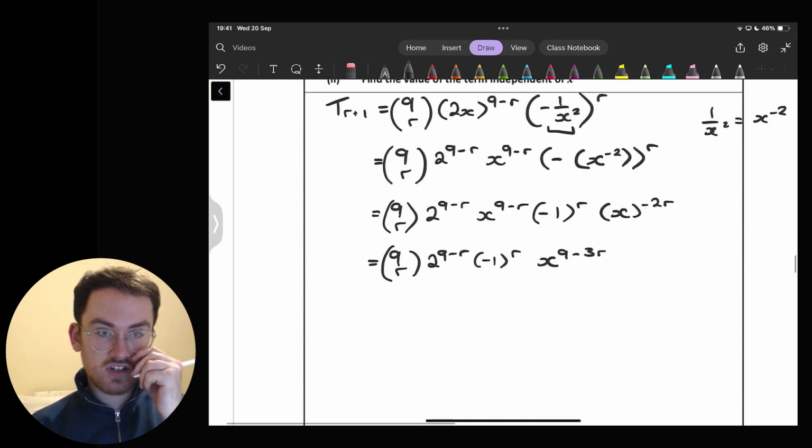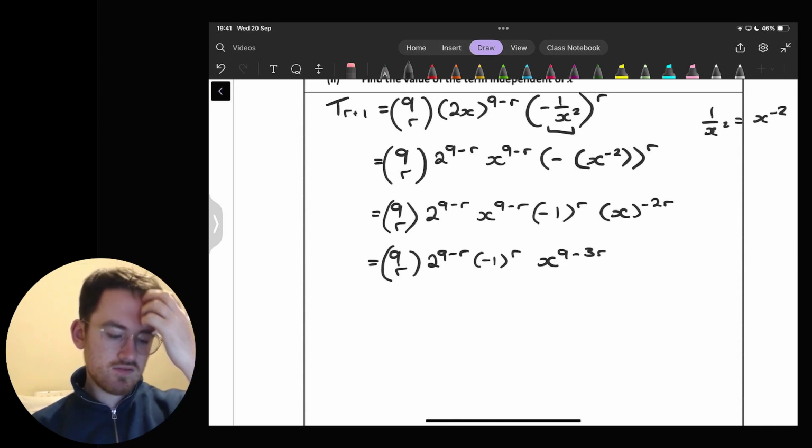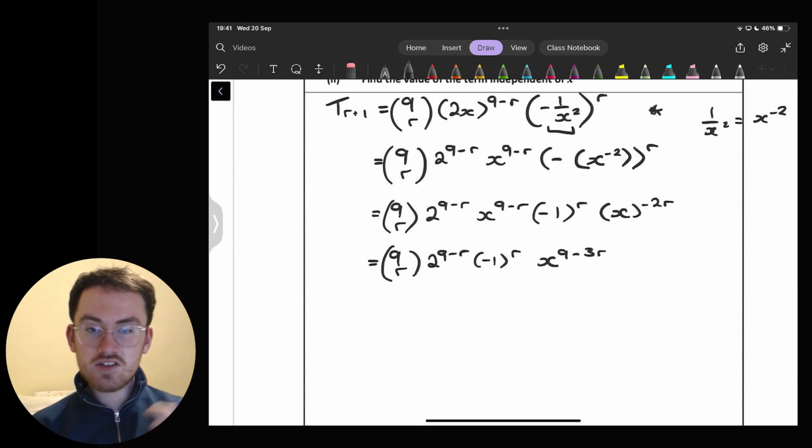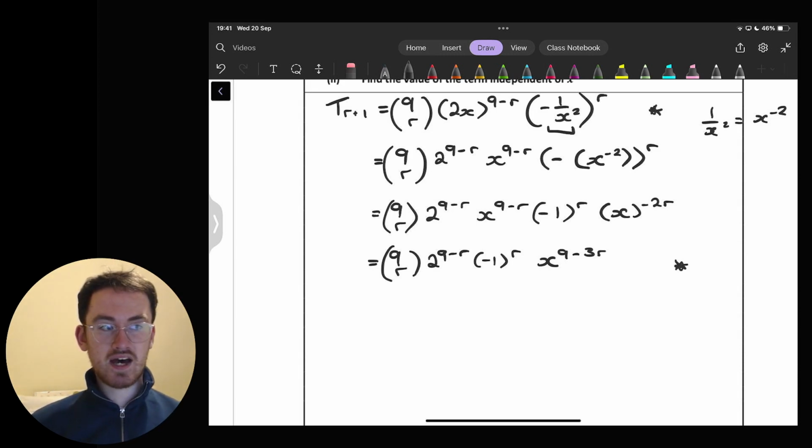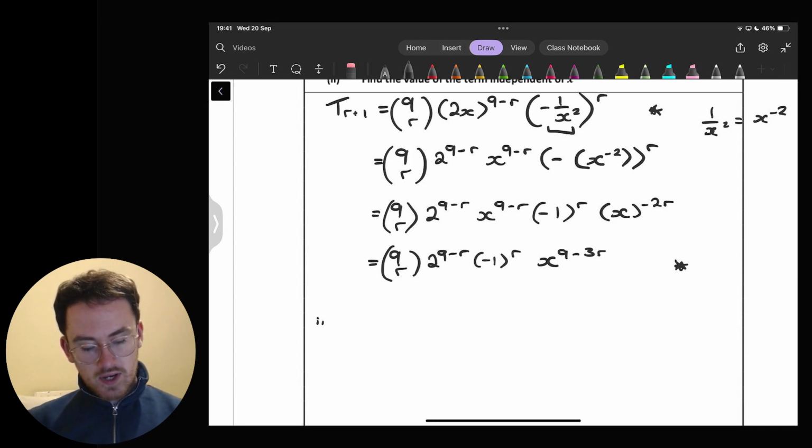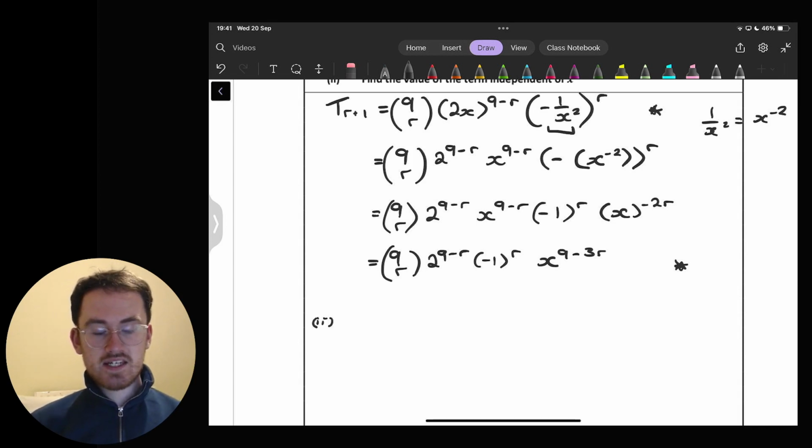That's my general term now. Technically the earlier form is our general term, but we are always best to try and simplify it down and combine our x values to give us a really condensed general form for the question.